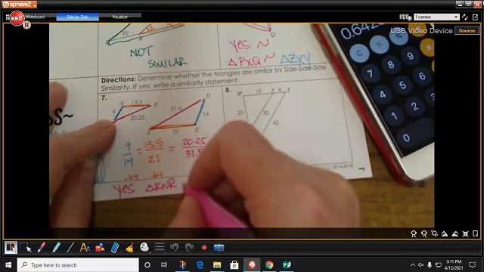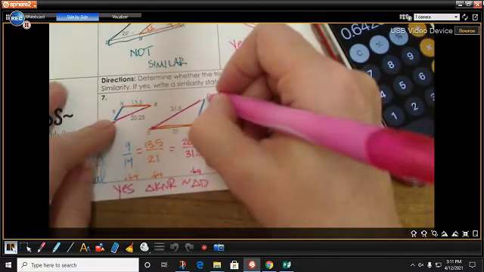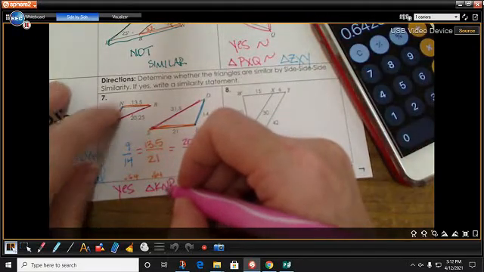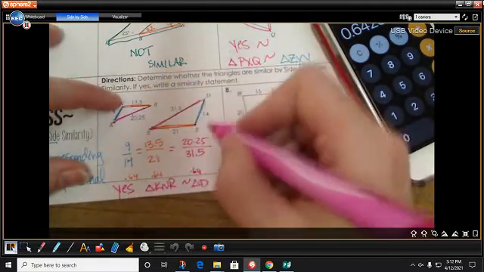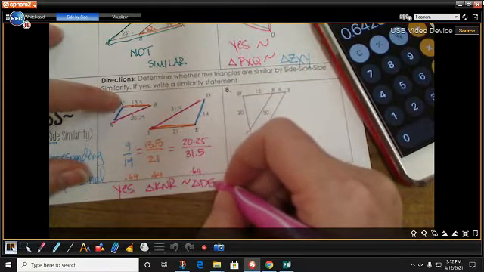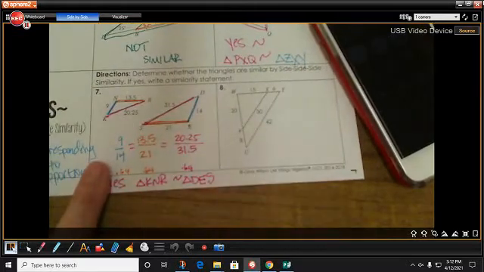And so D will be the one that goes first here because it's between the blue and pink. Then when I went to N, it's between blue and orange. So the one between blue and orange here is E. And then my last one is R, so my last one here will be S. Making sure that I keep all the corresponding sides named in the right order.